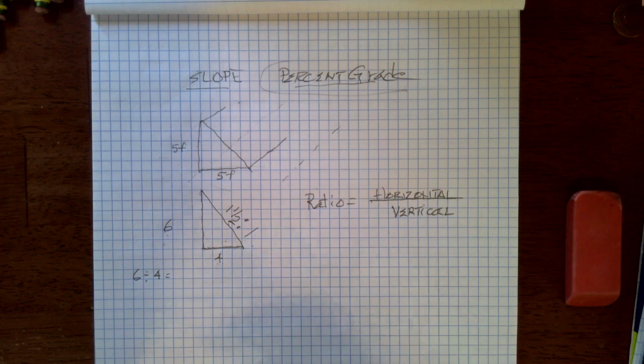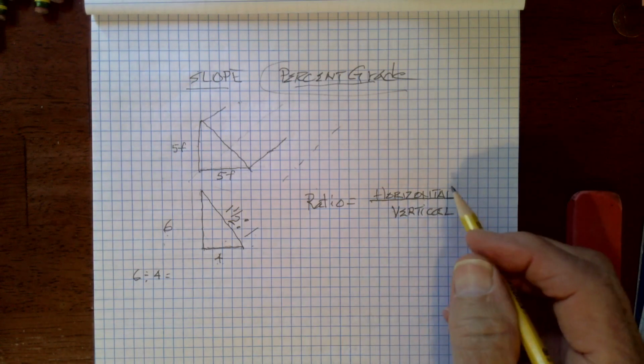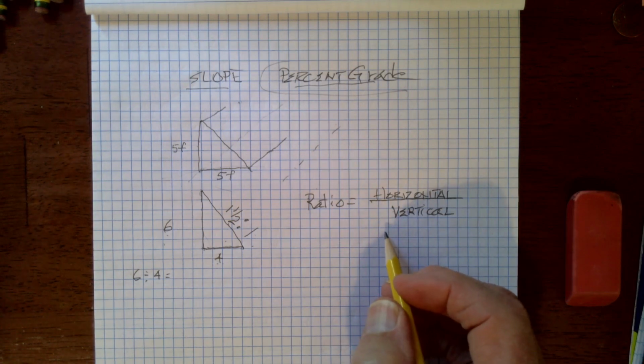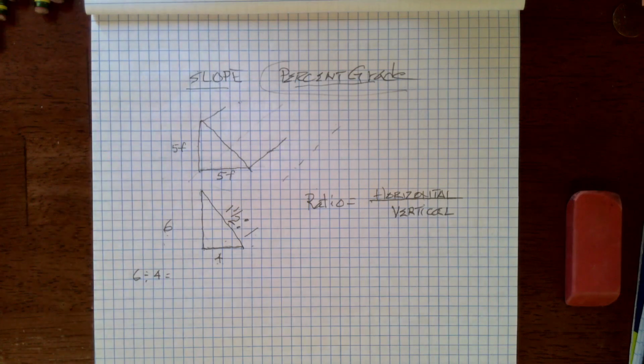This is going to be interesting. I wish I'd have done it the other way. 6 and 4, let's just see what we get. This may throw us into the percent deal, but I'm going to do it right quick and see. I don't want to get off track here.